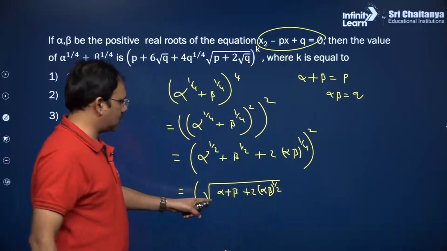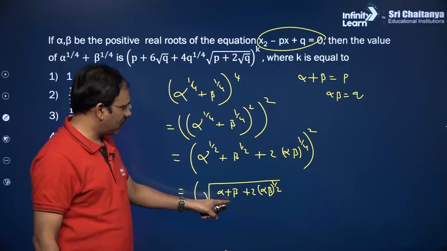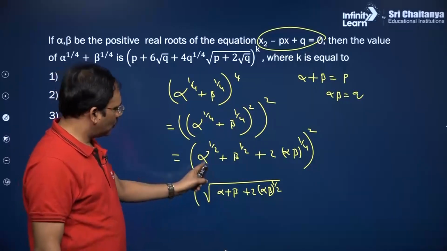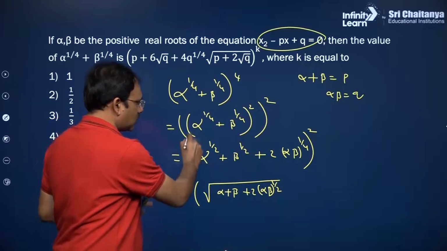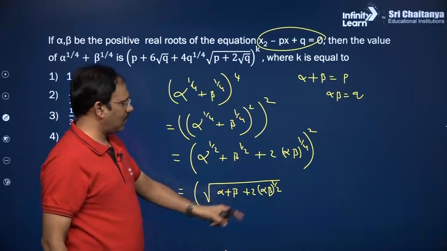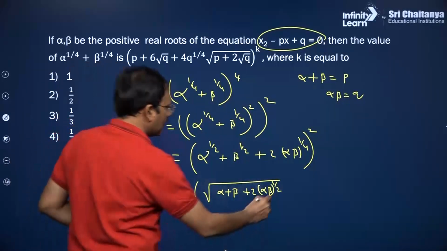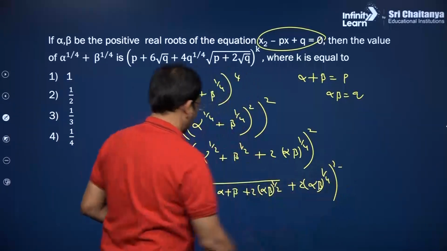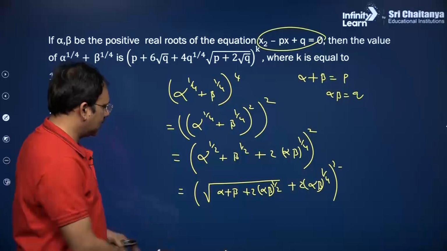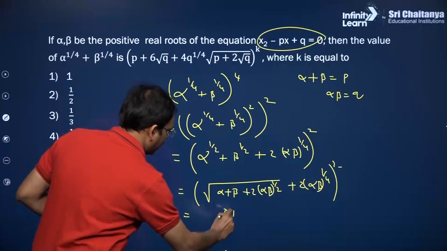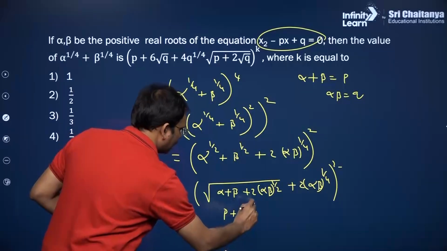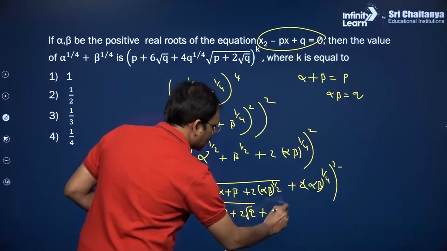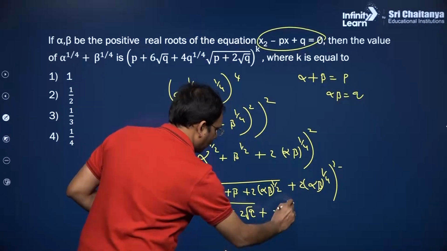You just see, this is alpha power 1 by 2 plus beta power 1 by 2 plus 2 alpha power 1 by 2 beta power 1 by 2. In the sense, this is root alpha plus root beta whole square. You can write it is square root of alpha plus beta plus 2 alpha beta power 1 by 2, plus 2 into alpha beta power 1 by 4, whole square, my dear friends. If you expand again, alpha plus beta is p, 2 into q power 1 by 2, that is root q, plus 2 into q to the power of 1 by 4, whole square.